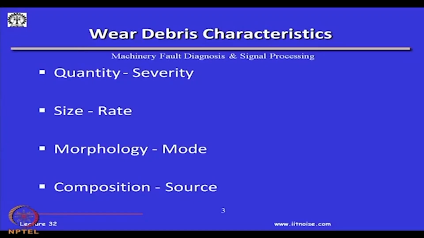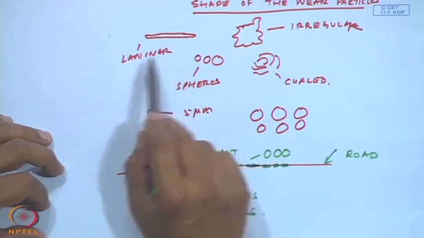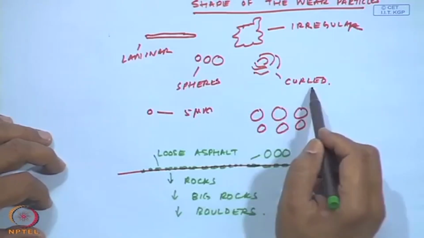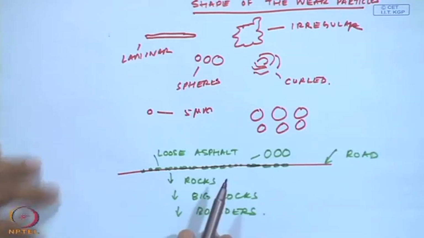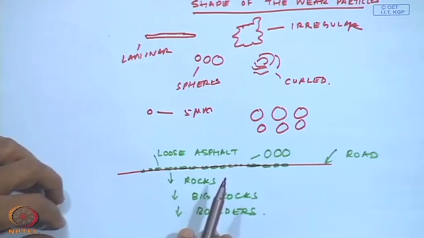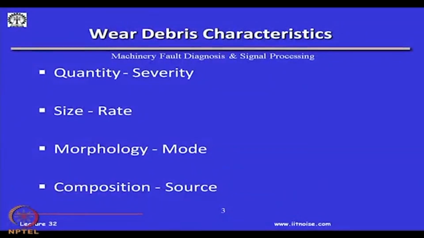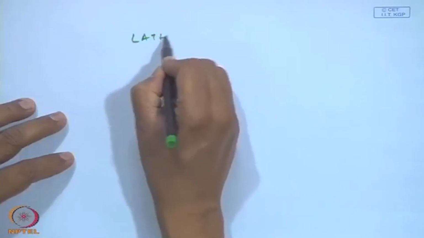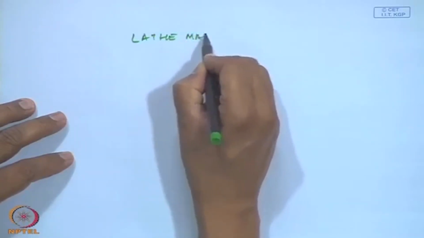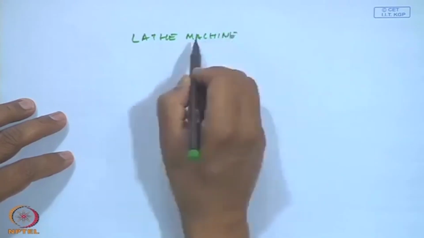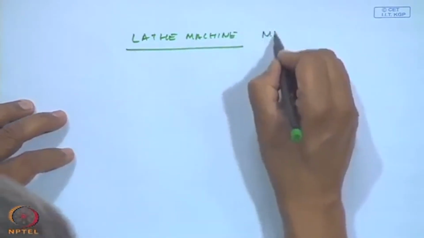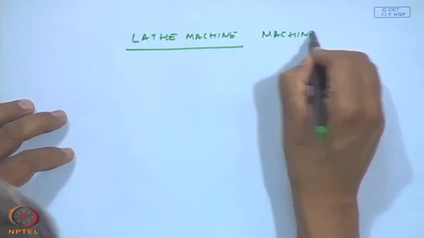Next is the morphology. The morphology is whether the shape is laminar like strips, whether it is curled, whether it is spherical, whether it is irregular. You must have noticed this while you do machining in the laboratory, in the workshop, when you use a lathe machine to machine surfaces.